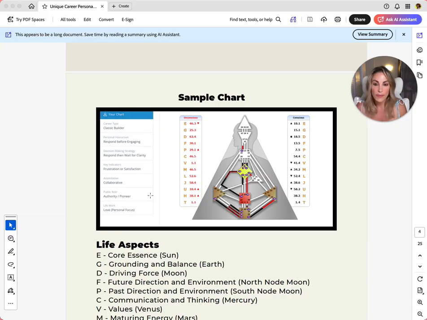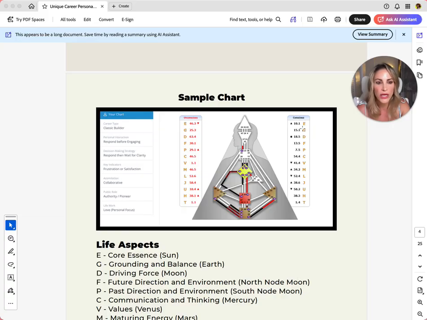And your public role is essentially what comes after the decimal on your conscious and your unconscious on these lines. It's the 0.1 there and the 0.3. These are always going to be the same decimal in the top two, the core essence and the grounding and balance.